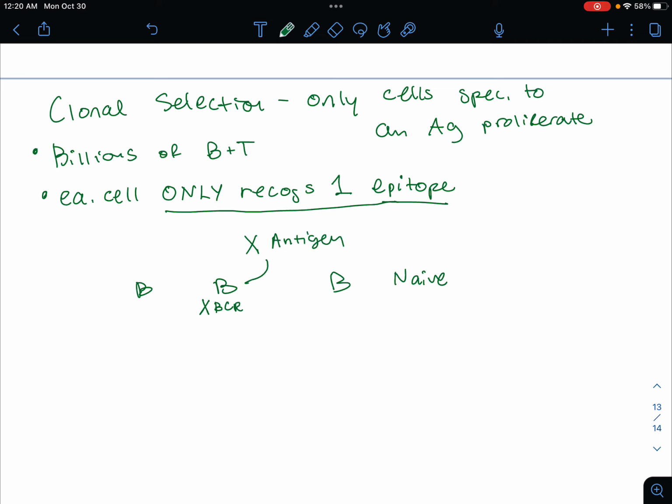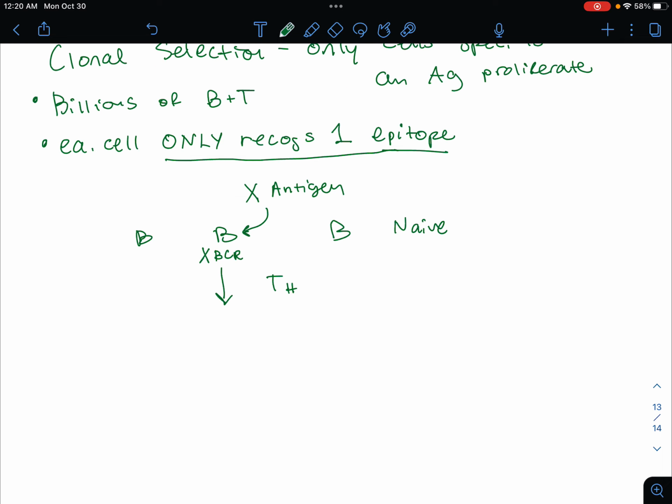So therefore, that's going to be attached to the receptor here, and we're going to get activation here with maybe a T helper cell nearby. And now we're just going to have proliferation. When we have proliferation, we're going to then have these B effectors.